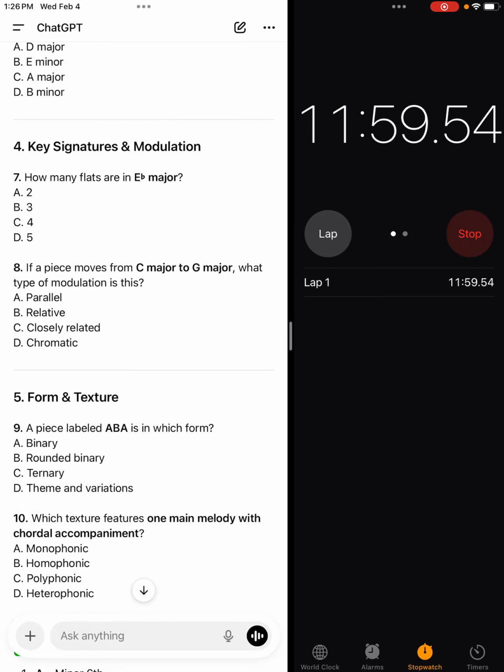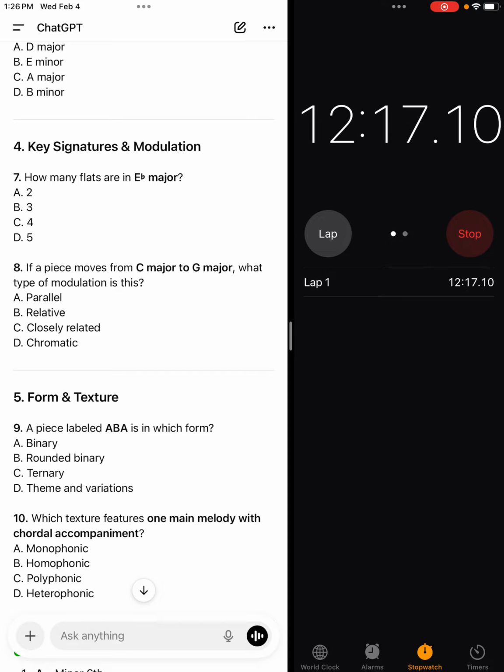So for this one, it's a difference between one or two accidentals. I'm most firmly going to say it's C, closely related.